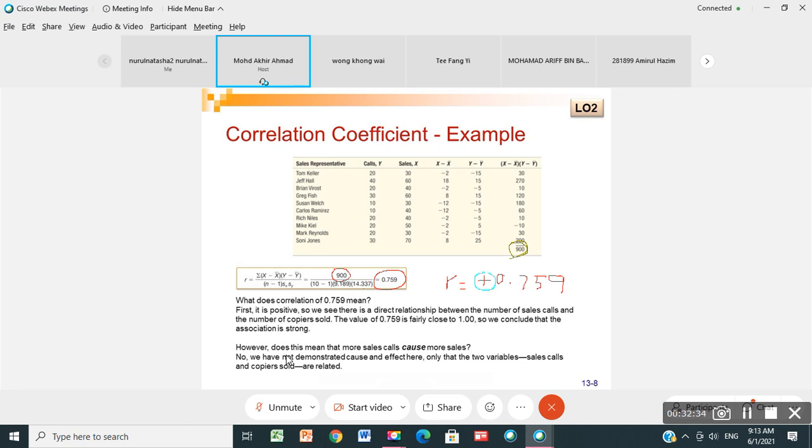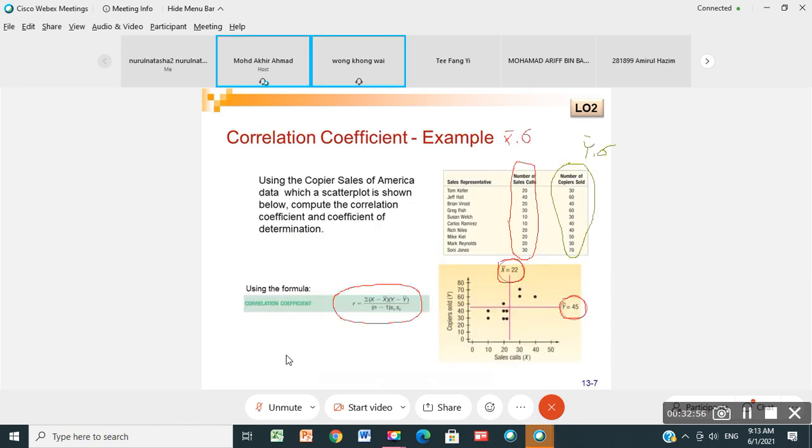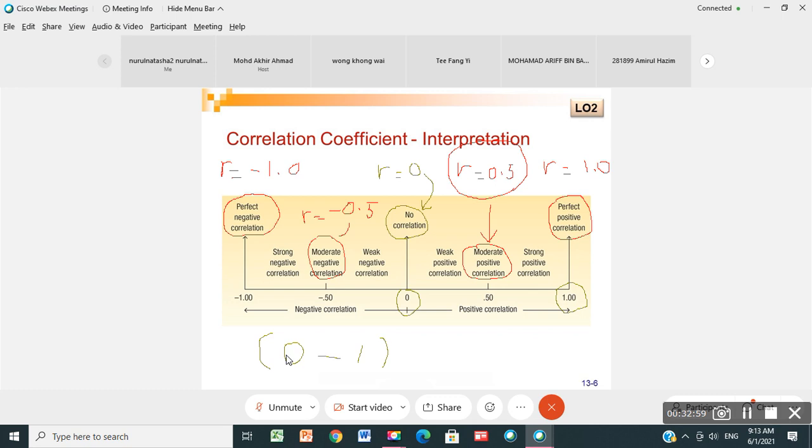The R value has two meanings. Positive. Okay, positive means a positive relationship. Then this one, what does it indicate? 0.75, I think around here.